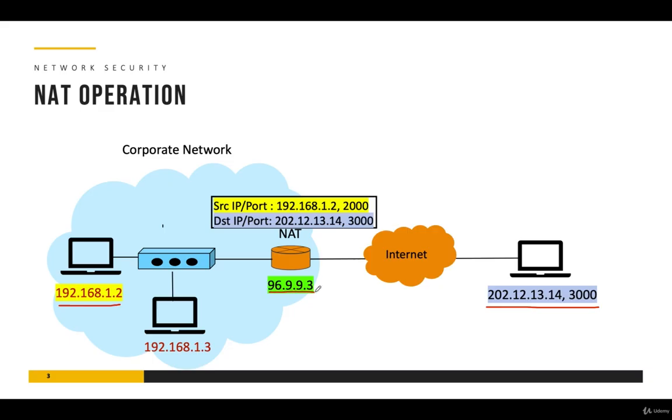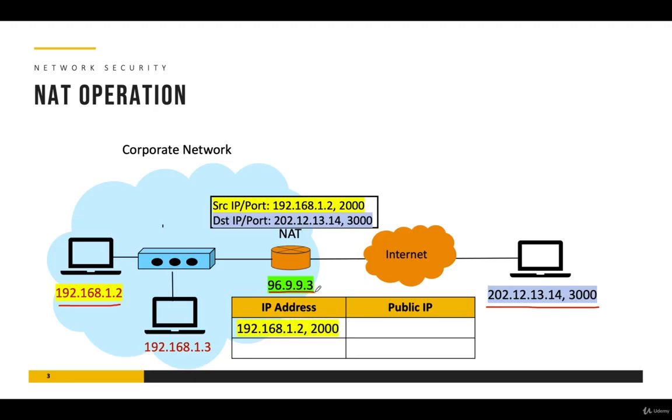What the NAT router does is that it maintains a table. It simply copies your source IP and port number, and it notes down that it's going to replace this with its own IP and a randomly generated port number. Let's say 6000. So what it does is that the NAT router is going to craft a new packet. And if you note, it has changed the source IP and the port.